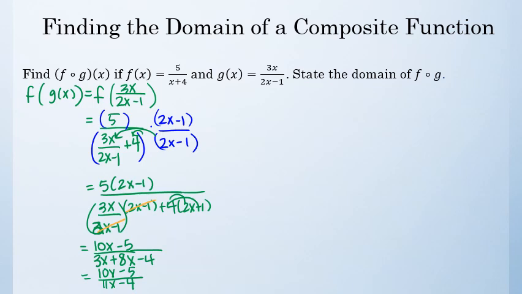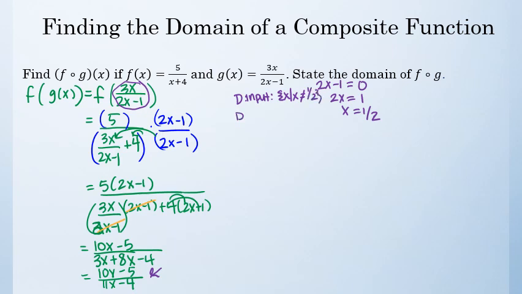Okay, so for finding the domain of both of these, we need to take into account my input function and our end function. The domain of the input function is going to be the values that would make this denominator equal 0. 2x minus 1 equals 0 when x is 1/2. So the domain of the input is all values of x such that x cannot equal 1/2.